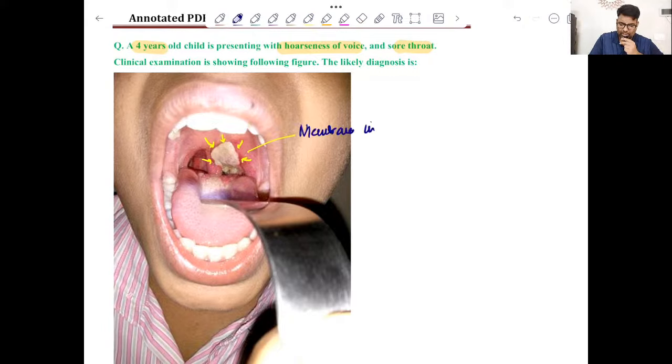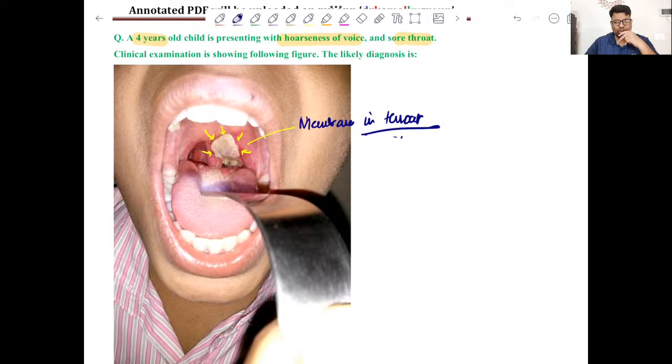So membrane in throat, and I think most of you must know that whenever you have a clinical presentation of a child with a membrane in throat, the very first possibility which should come to your mind is of course diphtheria. Clear? Of course there might be additional features like odynophagia, there might be neck nodes which result in bull's neck.